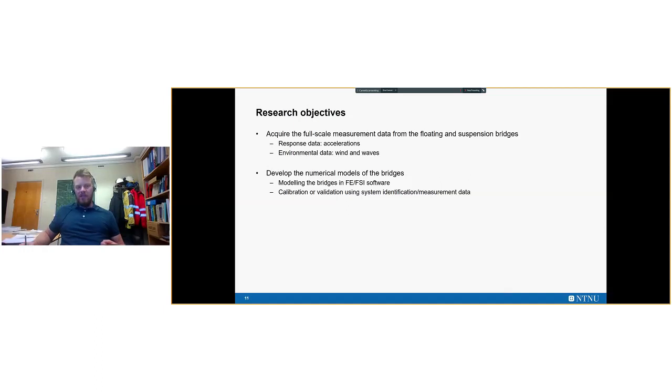And if we are able to, we also wish to calibrate these models or validate that they are accurate using a system identification procedure from the measurement data. And of course, after this is done, we shall perform the input estimation using the measurement data, where we test these Kalman filter techniques, which are the state-of-the-art in this field.